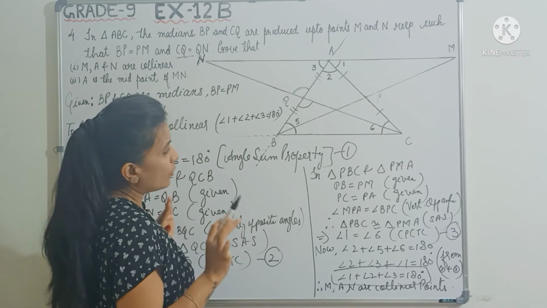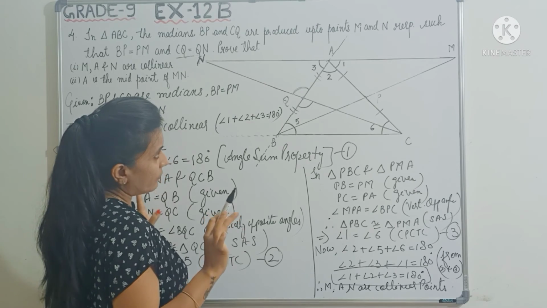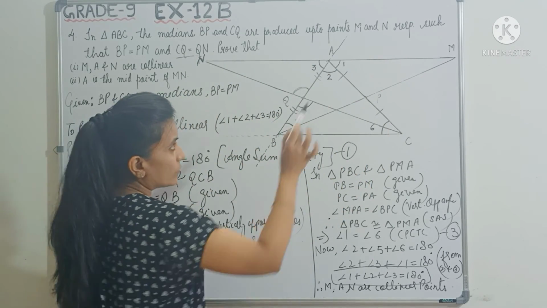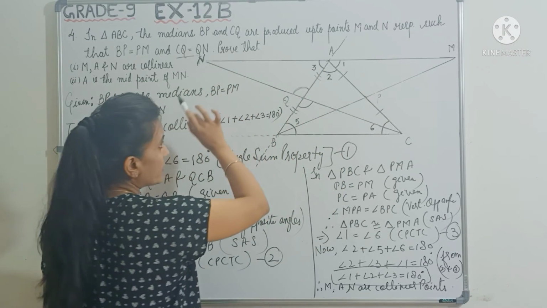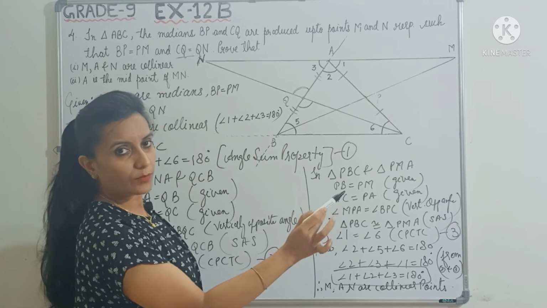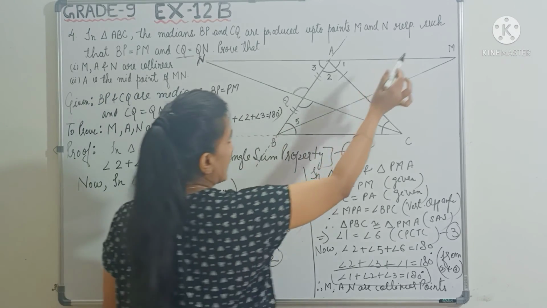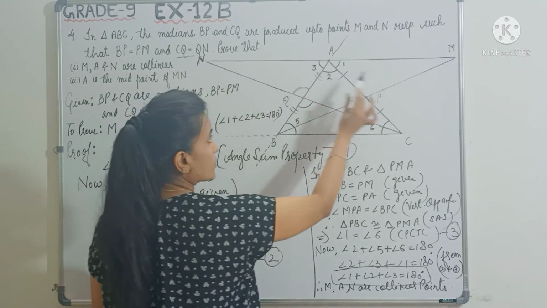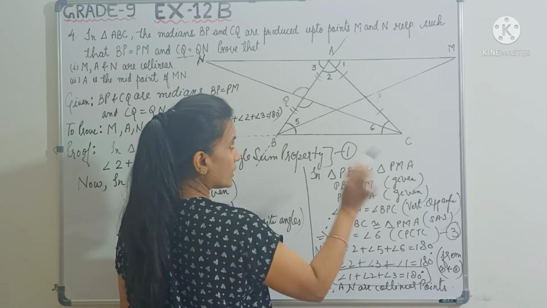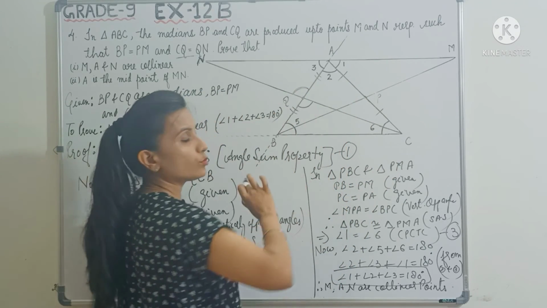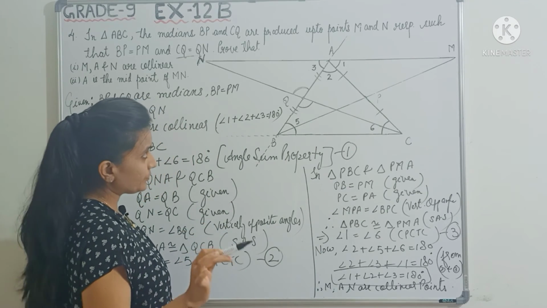Alright. So how did we prove this? How we proved that M, A, N are collinear. Now 3 points will be collinear. It means when you connect those 3 points, you should be getting a straight line. So here MAN will be a straight line only when angle 1 plus angle 2 plus angle 3 gives you 180 degrees, right?